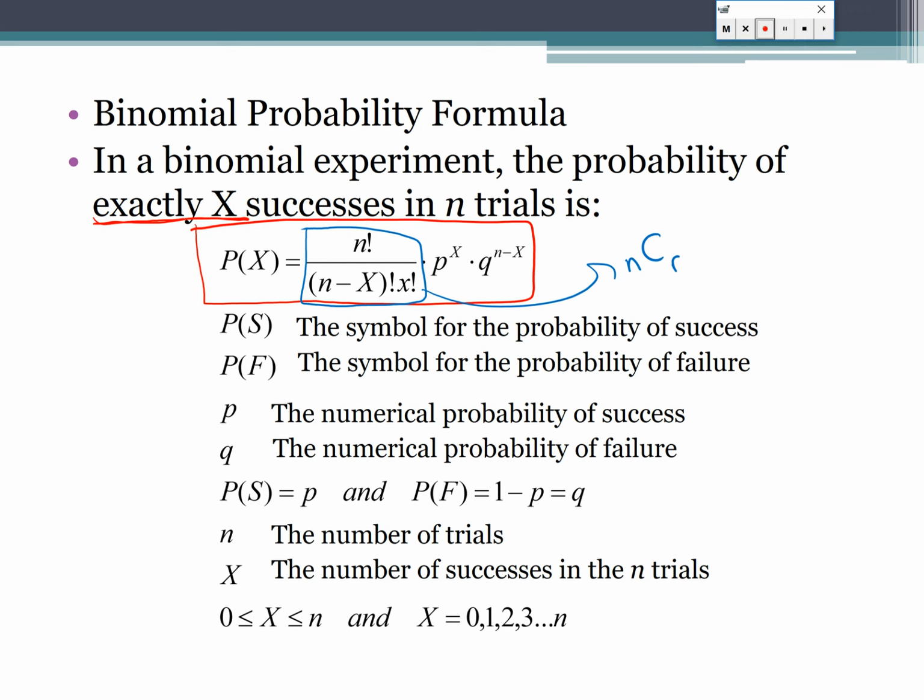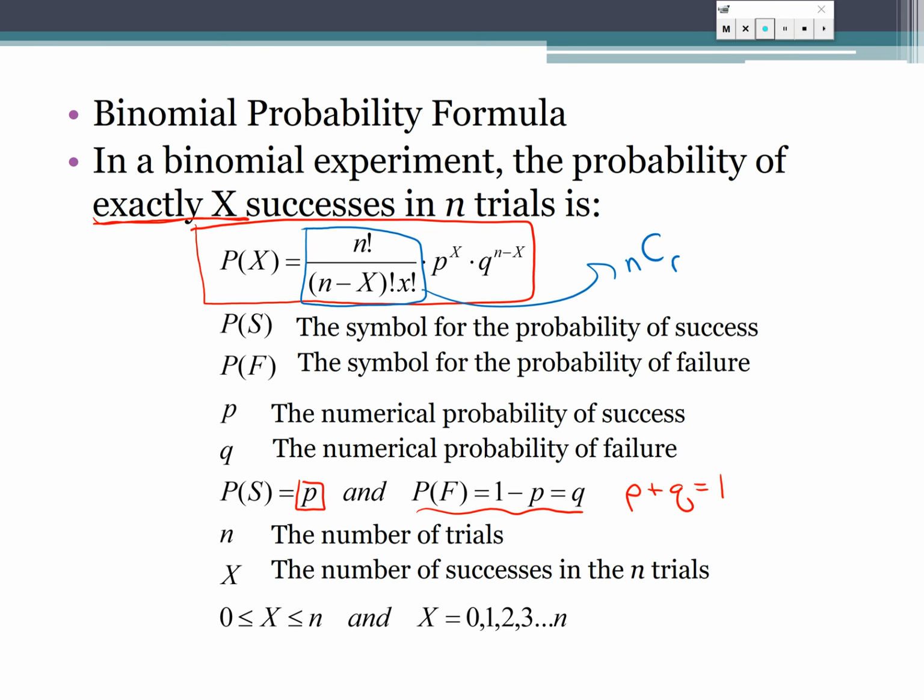So just a couple of key things for us to notice. The P of S is our probability of success. In our formula, that's just denoted by P. If I know my probability of success, to get the probability of failure, which is denoted by Q, we just do 1 minus P. And also just one other little side note: probability of success plus the probability of failure, if you add those 2 together, they need to equal 1.